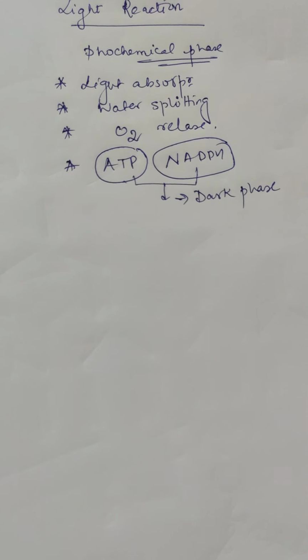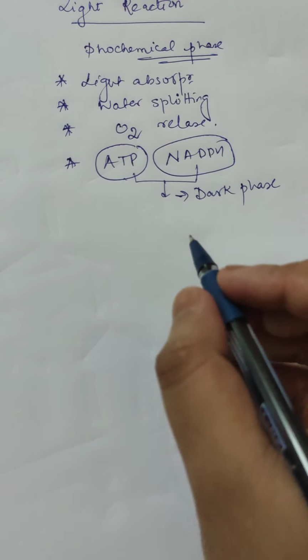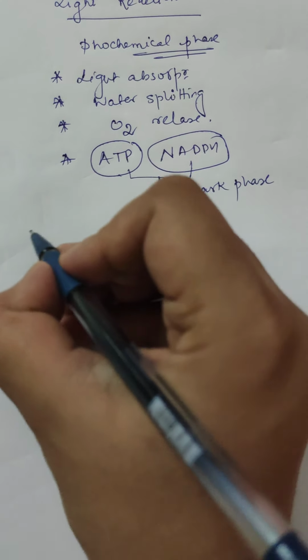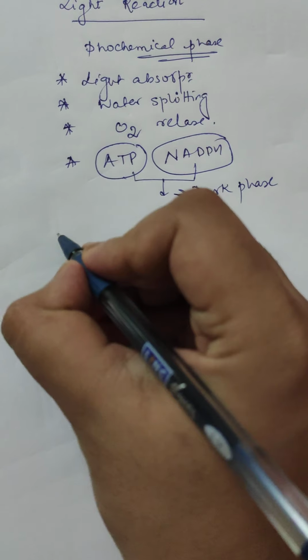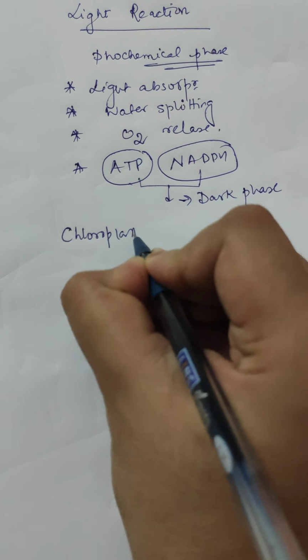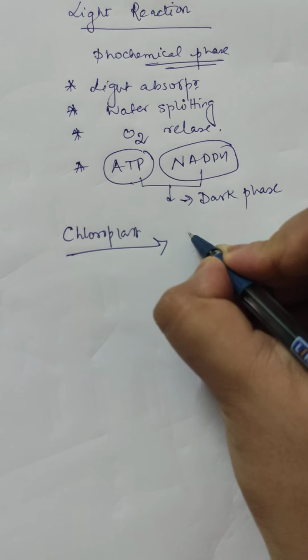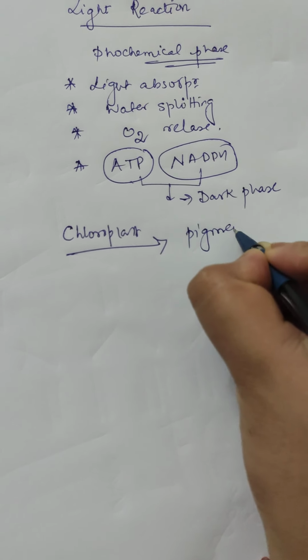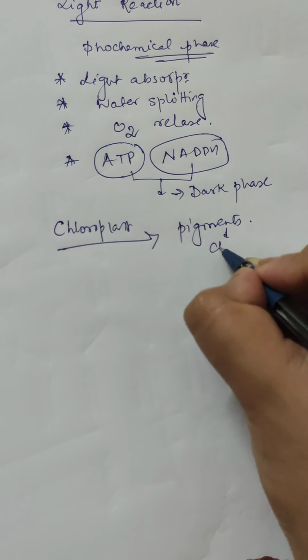Okay, now of course several complexes are involved in this process. What I want to mention here is that I have already said that this entire thing occurs in the chloroplast, and the chloroplast has certain pigments which are known as chlorophyll.